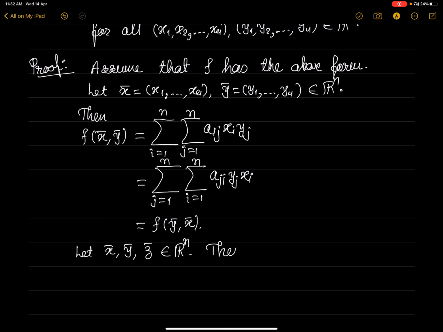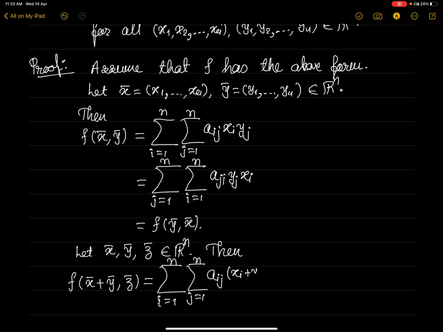Then f of x bar plus y bar, z bar, by definition, or because we are given the form of f, is summation i from 1 to n, summation j from 1 to n, aij (xi plus yi) zj.